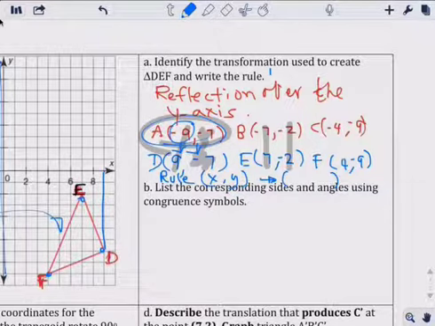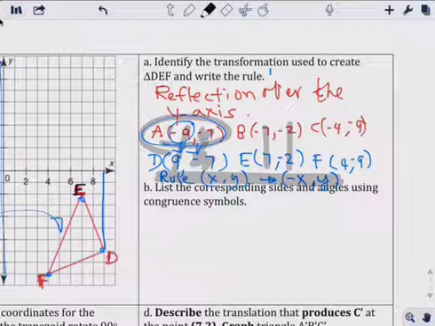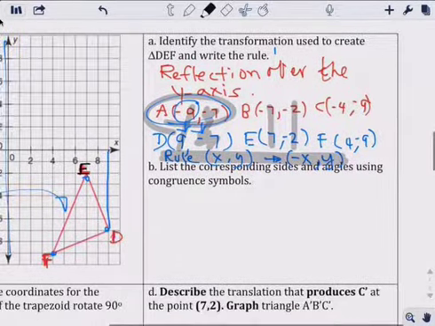It was a -9, it turns to a positive, so X is its opposite and Y stays exactly the same. So we just write Y. It's very important you know how to write this rule and identify it. Sometimes it's hard, but reflection should be easy.